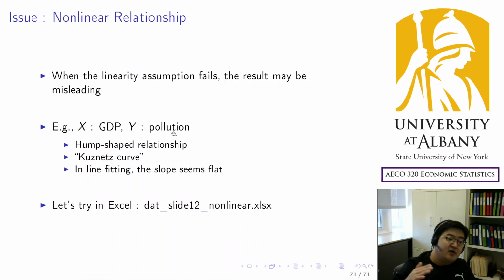The pollution goes up and then goes down. This kind of nonlinear relationship cannot be handled by the linear regression model. I have an Excel, but I'm not going to show you that here. It's a pretty obvious method.